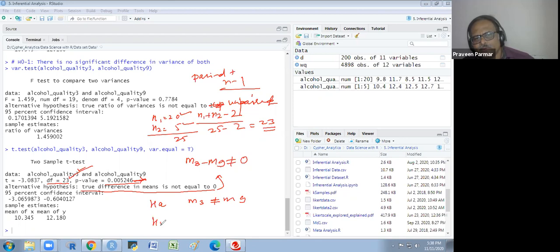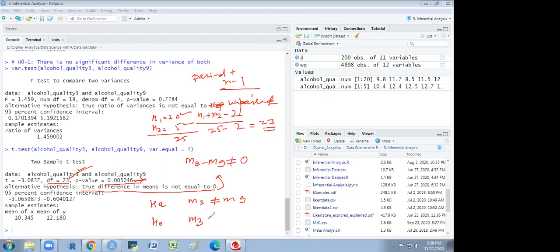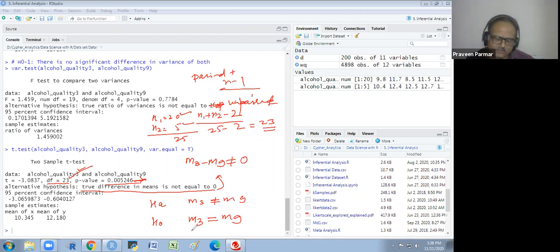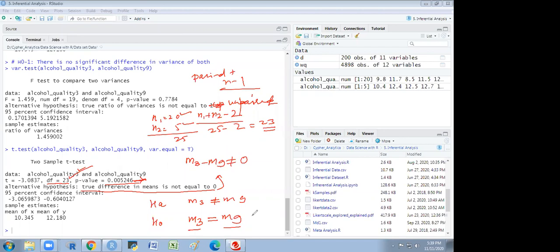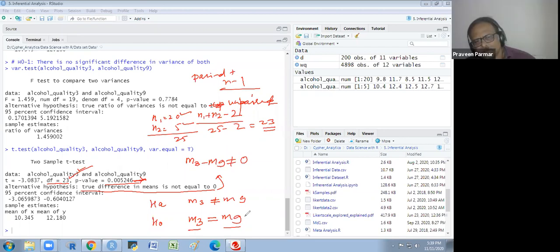So what would our null hypothesis be? M3 is equal to M9: the mean of alcohol in wine quality 3 and the mean of alcohol in wine quality 9. There is no significant difference in the mean alcohol percentage of wine quality 3 and wine quality 9. So this is our null hypothesis.